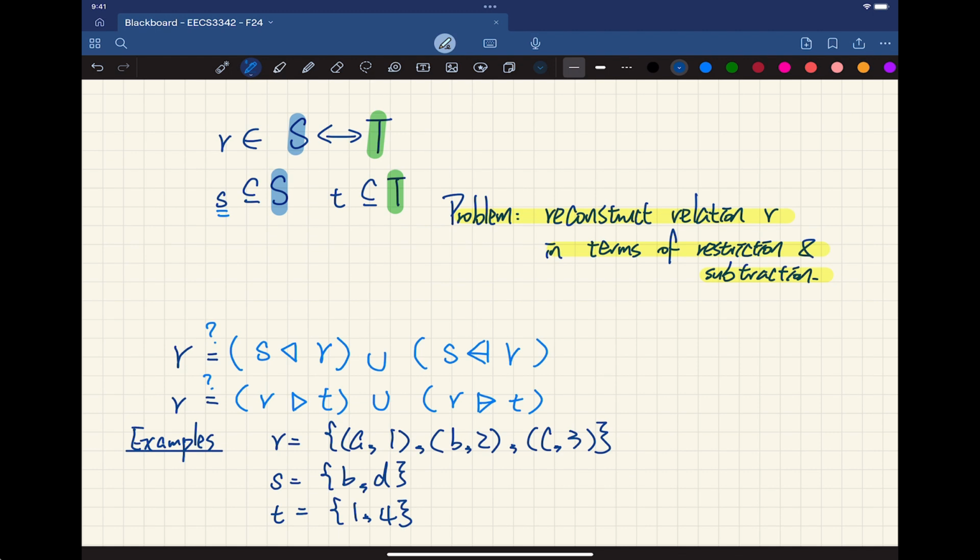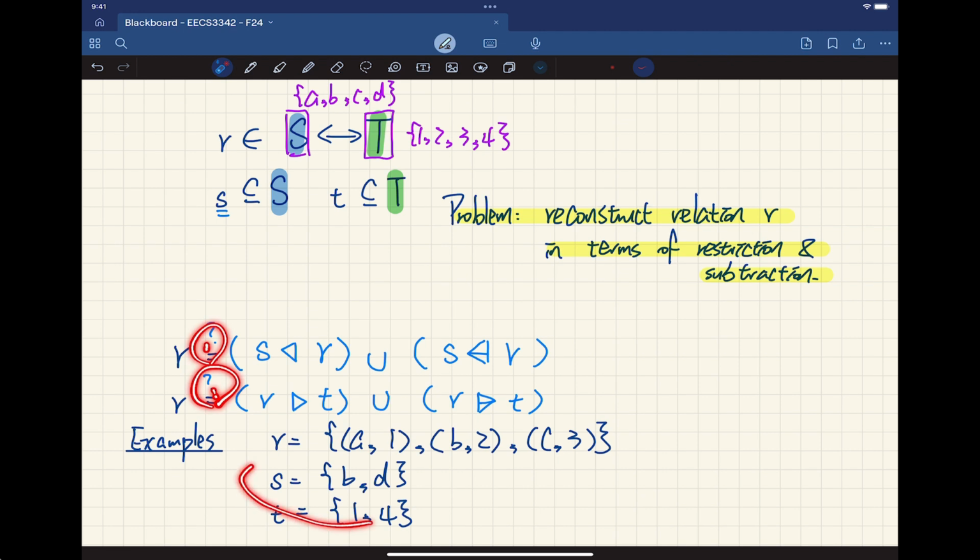Oh, by the way, there's something I should really mention. The S over here is really a bigger set. It will be A, B, C, D. Otherwise, you might be wondering. And the T over here is really 1, 2, 3, 4. So your exercises consist of 2 parts. For the first part, try to check whether this equality really holds on this particular example.